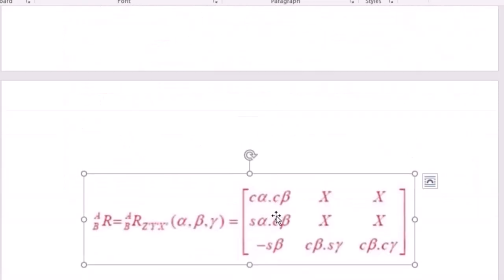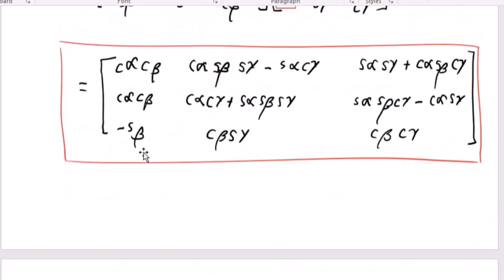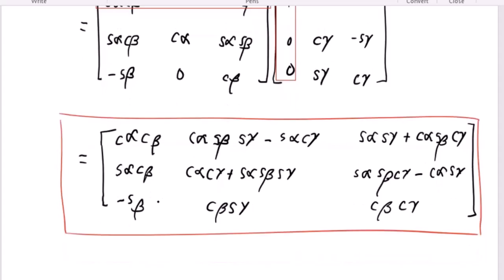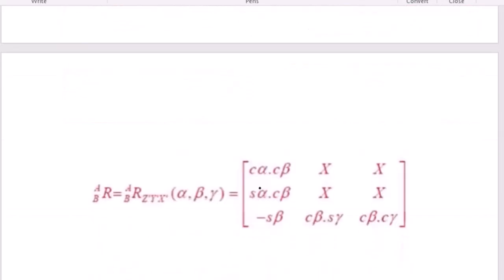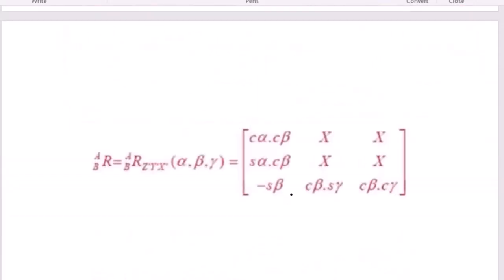Cosine alpha, cosine beta, correct? Cosine alpha, cosine beta. I wrote wrong here. Why did I write cosine here? This is a mistake. This must be S. It's only a typographical error. Sine alpha, cosine beta, correct. Minus sine beta, correct. Cosine beta, sine gamma, correct. Cosine beta, cosine gamma.